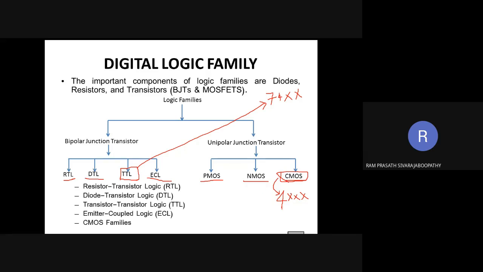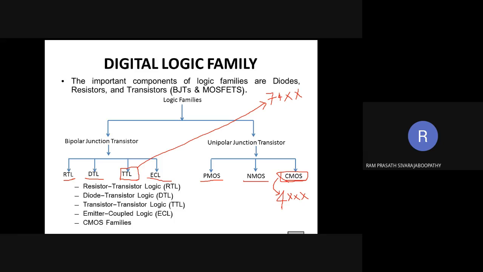The most common families used to build logic gates are TTL and CMOS. The remaining RTL, DTL and ECL have become obsolete, each having certain drawbacks. We will go one by one.